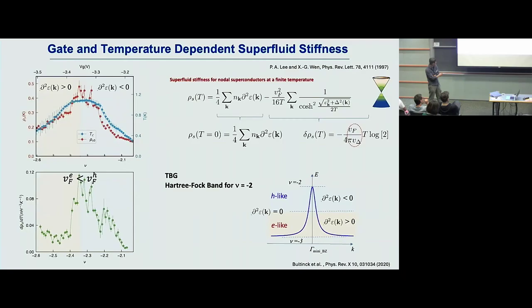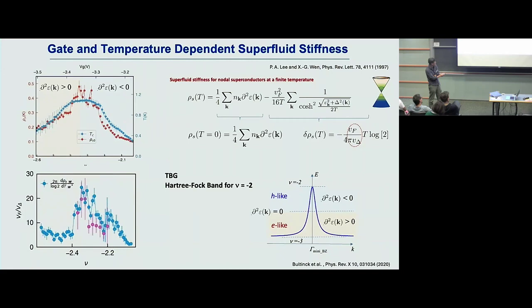So I can convert the d rho dt exactly into what we expect for Vf over V delta for this novel superconductor. Turns out that Vf over V delta is about 10, so V delta is about 10 times smaller than Vf. That's the immediate conclusion we can get out of this measurement.